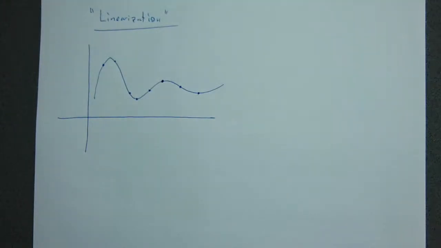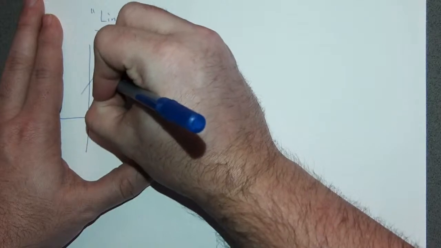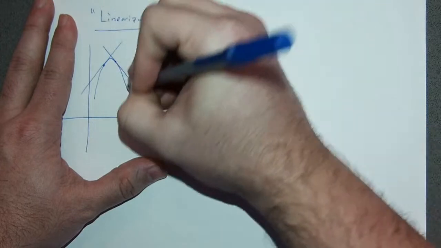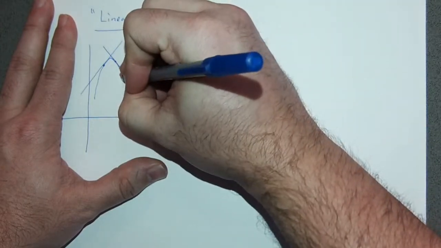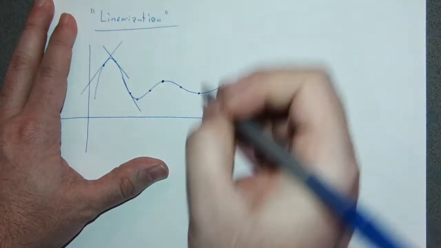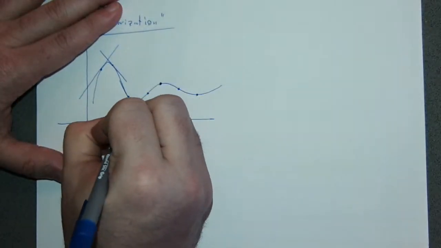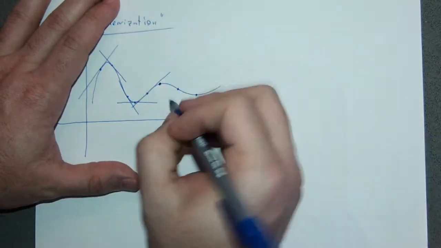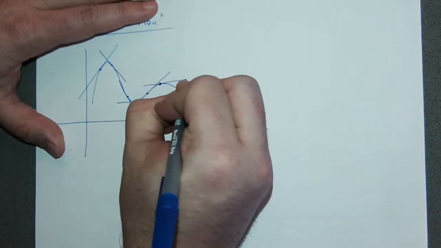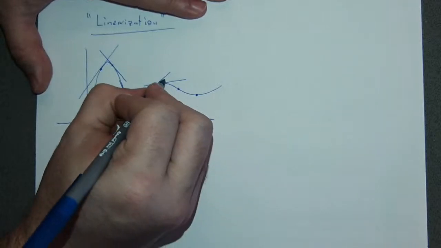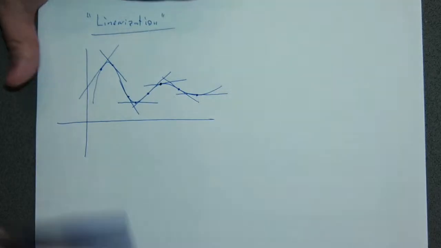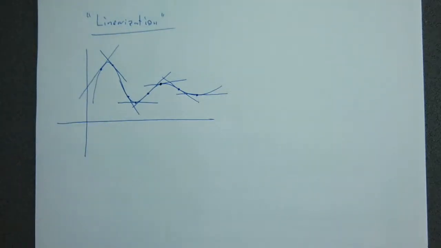And if I draw in lines that are tangent to the graph at these points, one way of thinking about what's going on here is that we are not just finding tangent lines, but we're finding lines that are really close to the functional values for this function as long as we stay near that point.